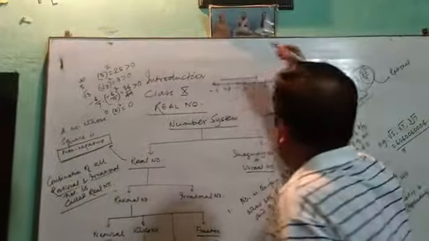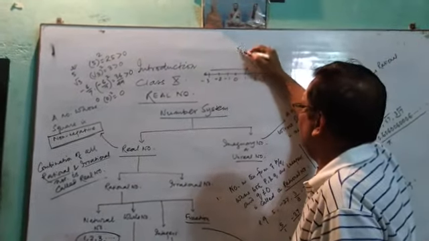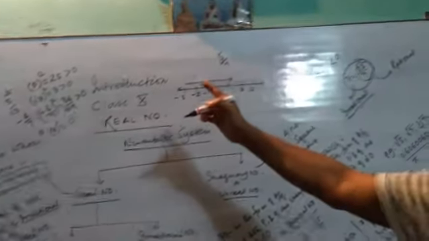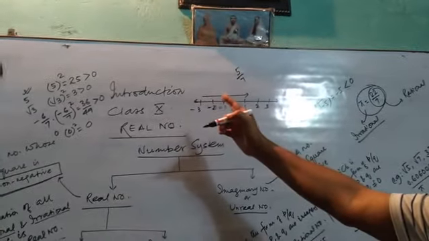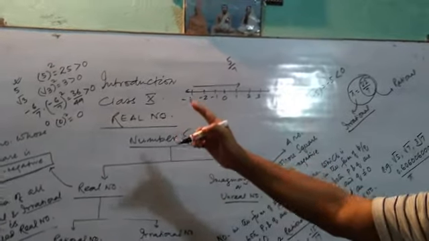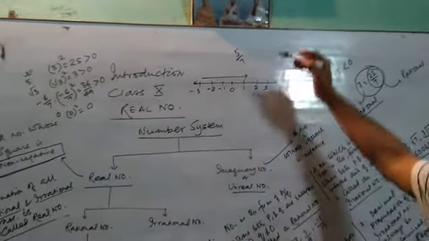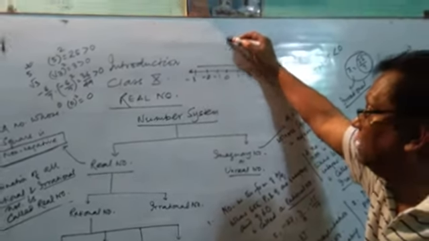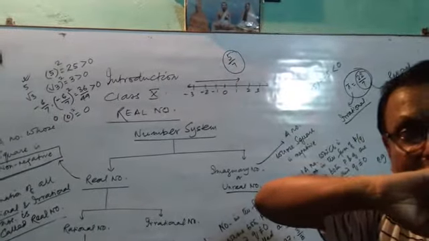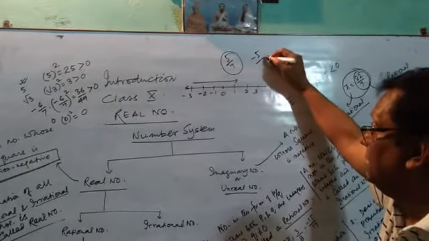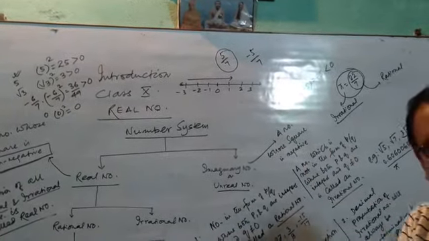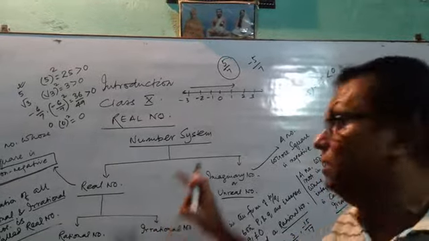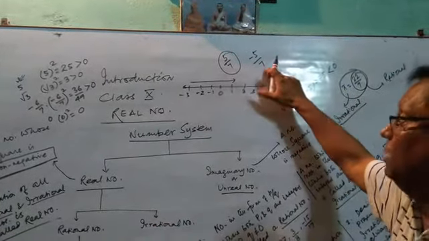Now take an example. Let me write 5 by 7. Can we say 5 by 7 is a rational number? Undoubtedly, because 5 is an integer, 7 is an integer, and 7 is not equal to 0. Is 5 by 7 a fraction? Yes, 5 is a positive integer and 7 is also a positive integer. So this is a fraction as well as a rational number. But if I write -5 by 7, -5 is not a positive integer, but it is an integer. 7 is an integer and 7 is not equal to 0.